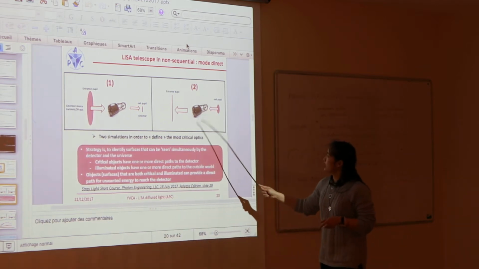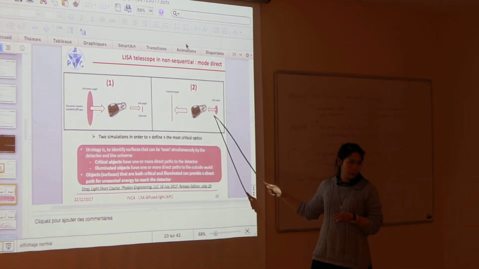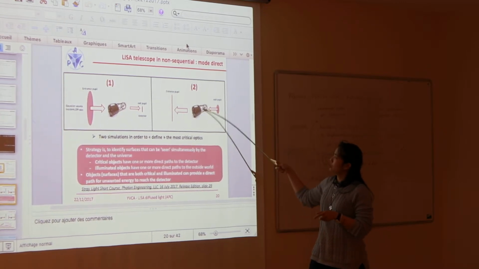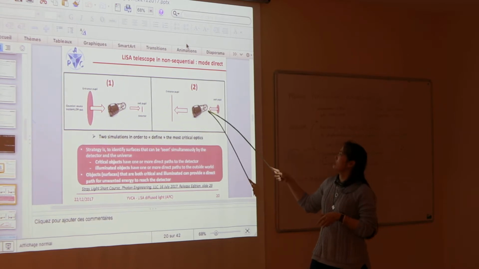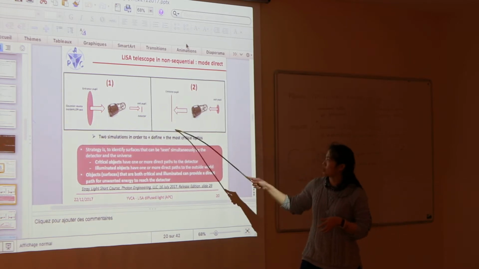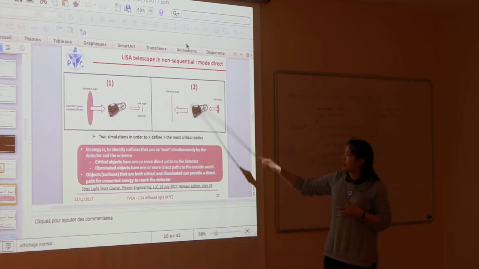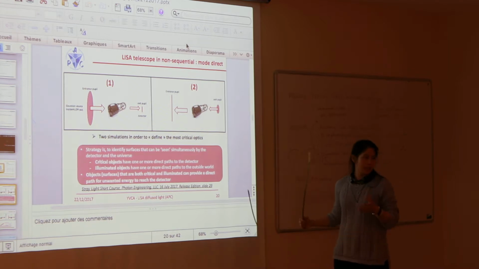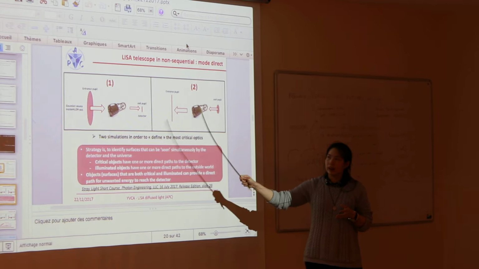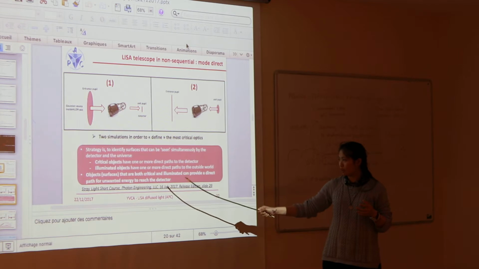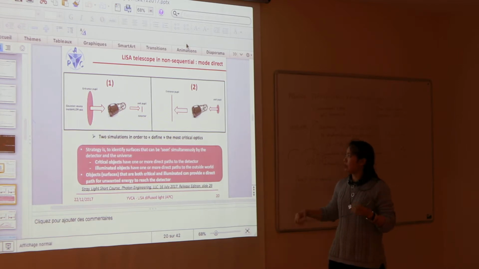And in the second configuration, you put the source on the exit pupil, and then the light goes from here to the entrance pupil. So it goes through the telescope the other way, and the light is scattered by the optics and goes to the entrance pupil where the source was. So the method is that if you have optics which diffuse the light in the two ways, they are critical objects and illuminated objects, and there will be a problem.